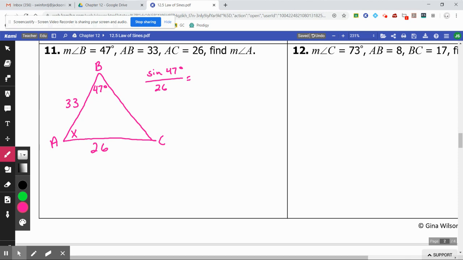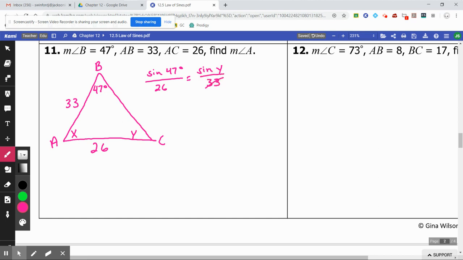So here's going to be my steps. I'm going to call this angle y, and I'm actually going to find angle y first, because once I find angle y, the three angles have to add up to 180, then I would know what x is. So since I'm given this side 33 over here, I'm going to have to do the sine of y over 33.